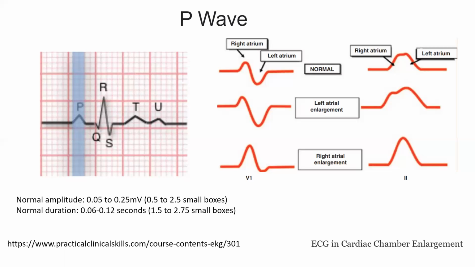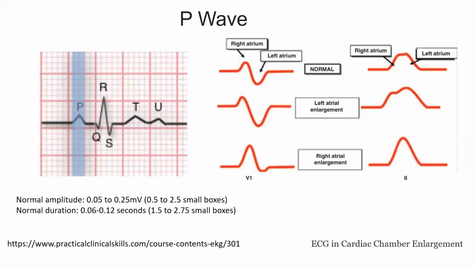If the P wave turns into a small F wave, like a sawtooth morphology, we may think about atrial flutter. Based on different P wave combinations, we can also evaluate if the atria have enlargement or not.